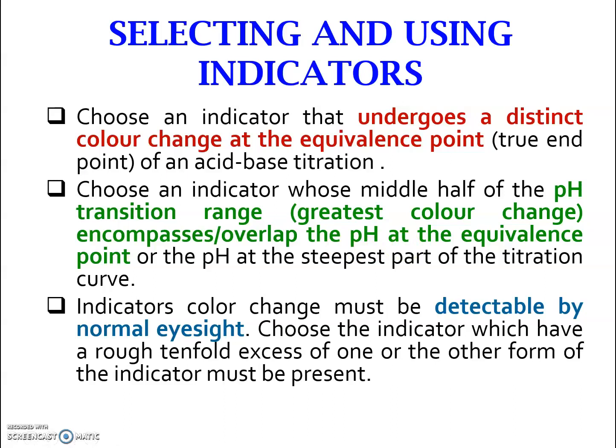This means the indicator we choose must overlap with the pH at the equivalence point. Also, the indicator color change must be detectable by normal eyesight.